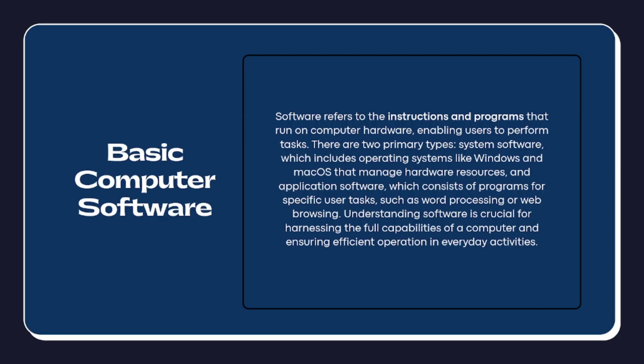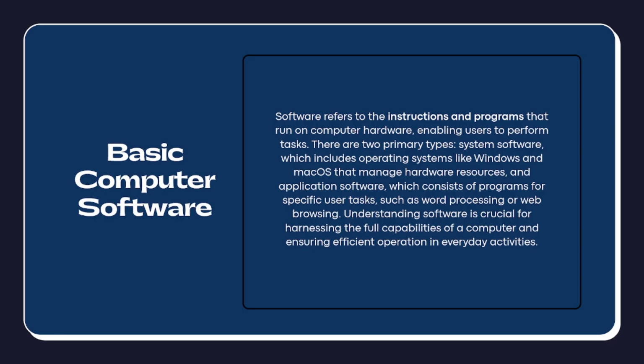So that being said, we are going to be looking at computer software, right? Computer software refers to the instructions and programs that run computer hardware, right? So that is to say, software is a set of instructions that you can use the input devices to pass to the computer. So it runs the hardware, enabling users to perform tasks.